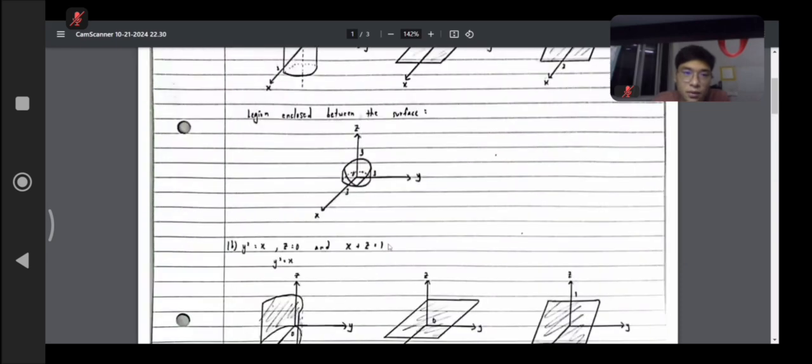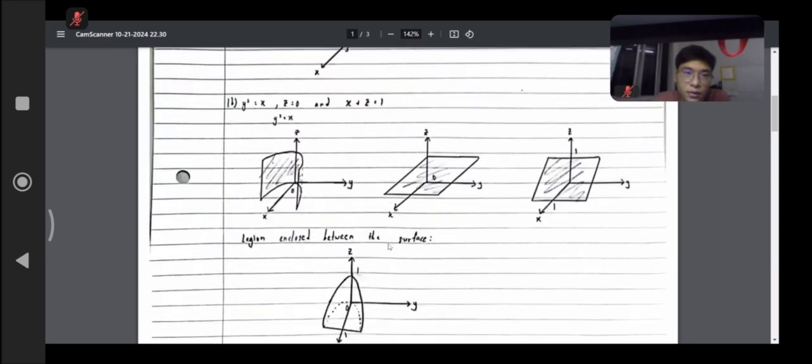For the second question, y squared equal to x, z equal to 0, and x plus z equal to 1. The equation y squared equal to x will become a shape like a parabola in the 2D graph, and it will look like this in the 3D graph.